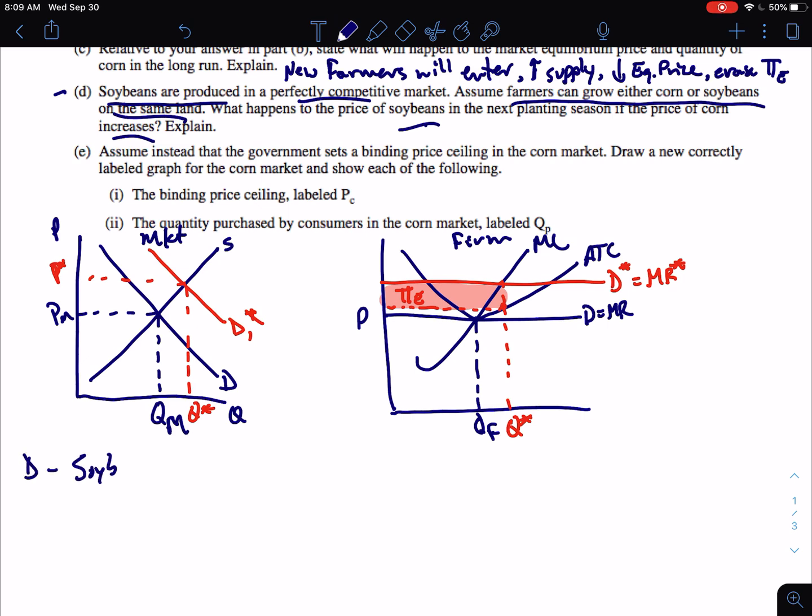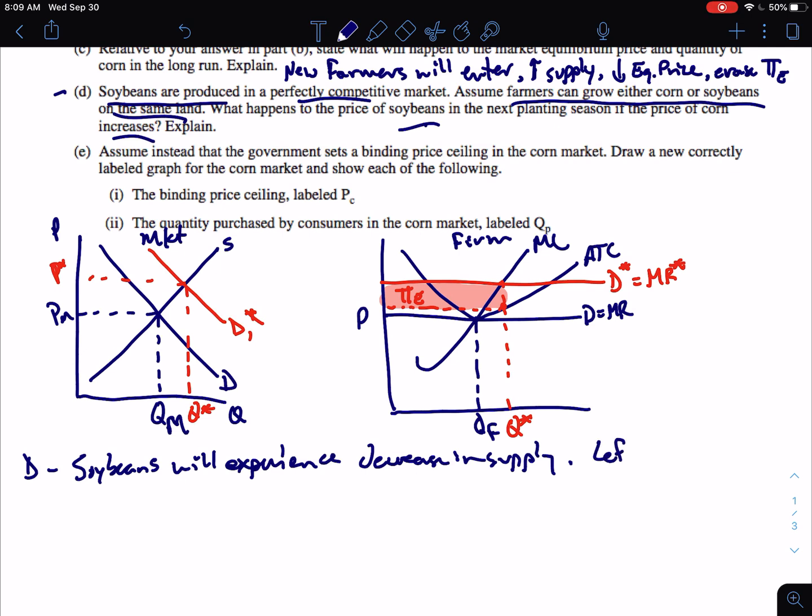Soybeans will experience a decrease in supply because farmers are going to choose to plant more corn. When farmers plant more corn, they will do so at the expense of soybeans.